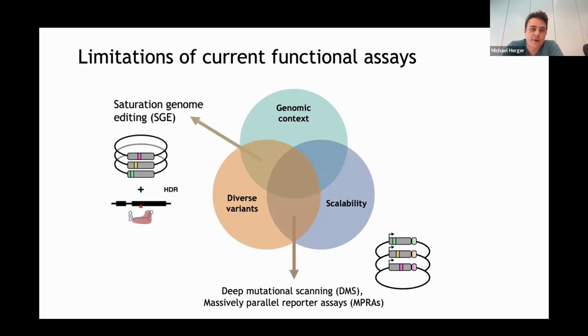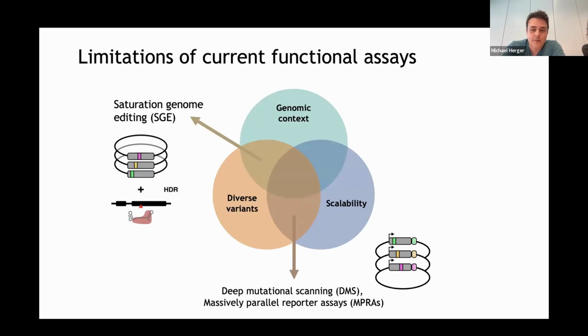On the other hand, with methods such as saturation genome editing, or SGE, variants are encoded on donor plasmids and delivered to cells, where they then serve as donors for HDR-mediated integration into a desired genomic locus using Cas9. This enables the installation and testing of diverse variants directly in their genomic context.